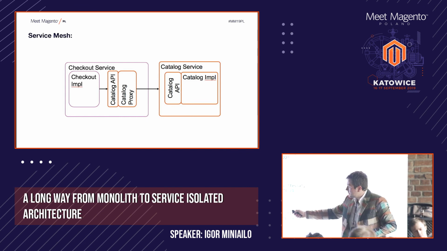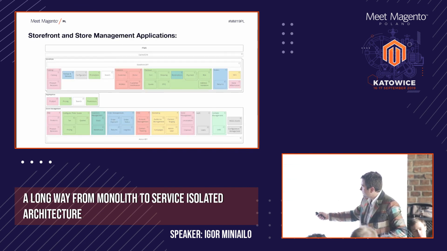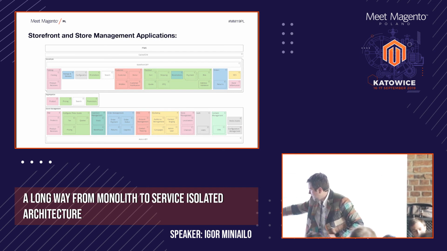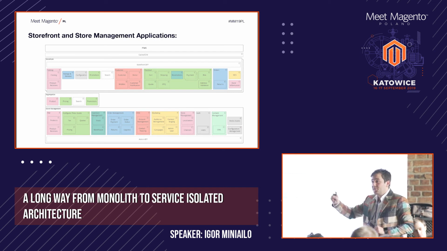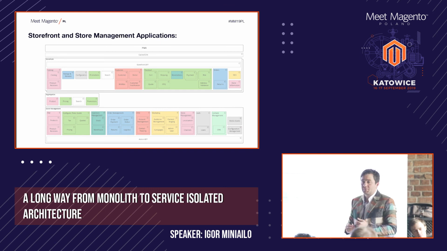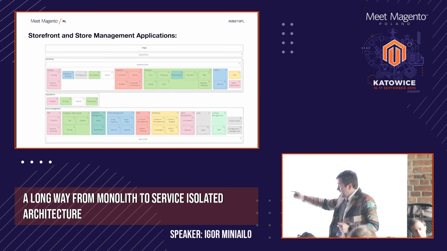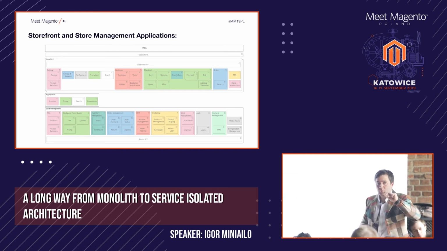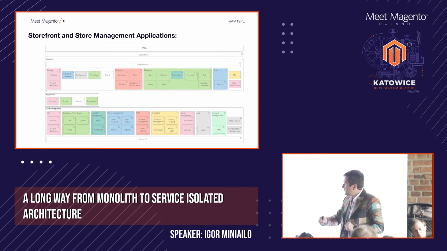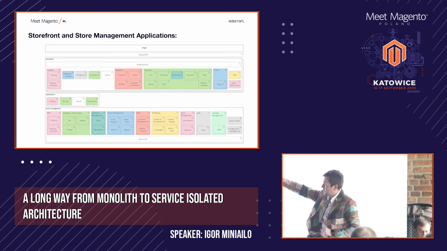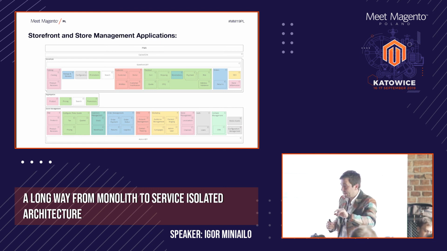Probably, I forgot another thing, and I just need to mention it here, because you may see the storefront BFF and the admin BFF as well. And BFF does not stand for best friend forever, unfortunately. This is another layer which is supposed to provide routing for external requests, like from a PWA, the client which makes a request.